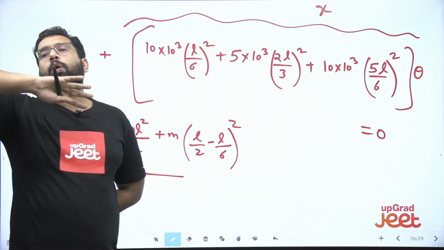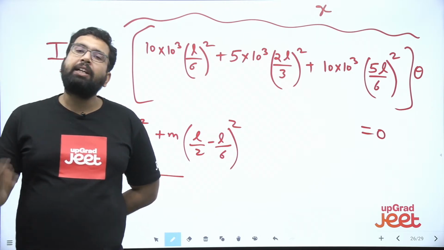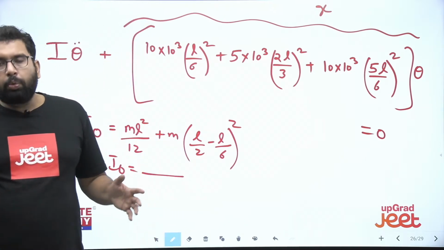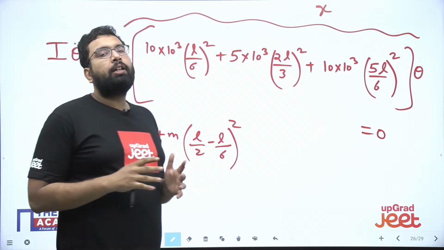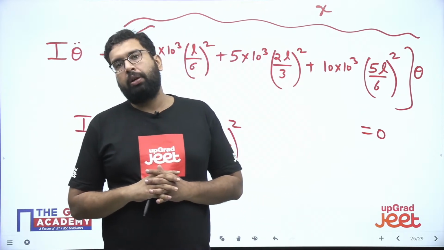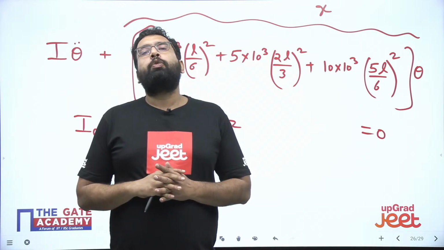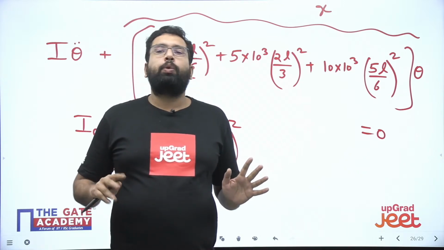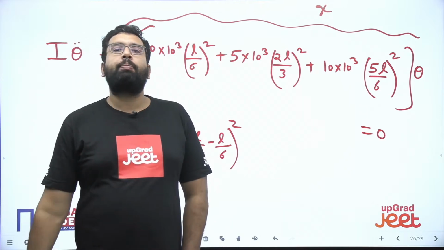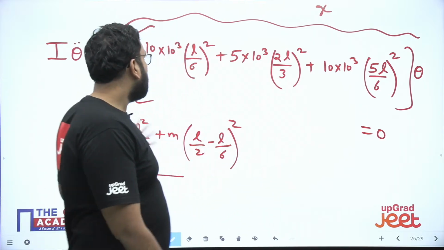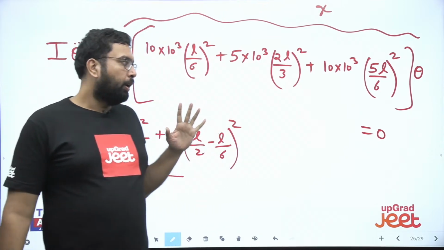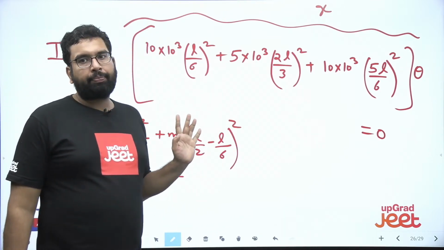These things do not hold in vibration or anywhere when you are equating to 0. Like in strength of materials, when finding the reaction, it never matters whether you consider clockwise or anti-clockwise to be positive. Here we are establishing dynamic equilibrium. Are you getting my point? So this negative has no meaning.